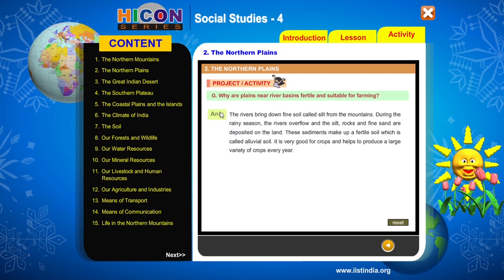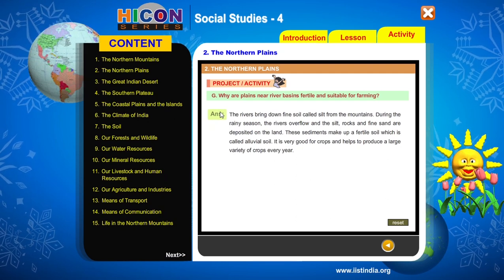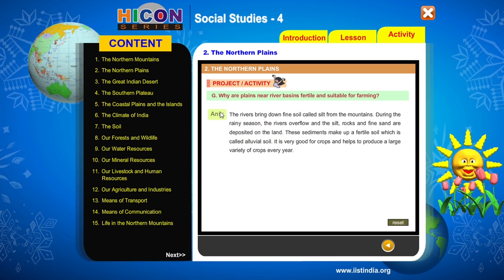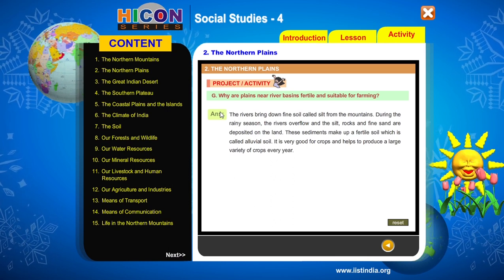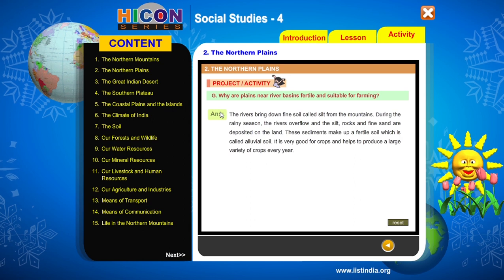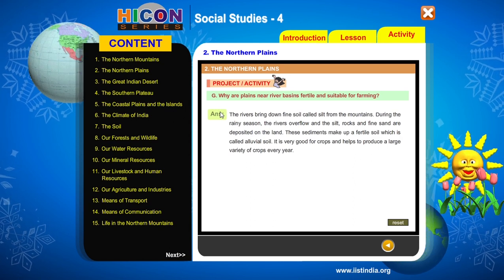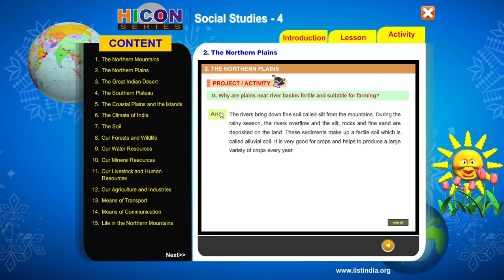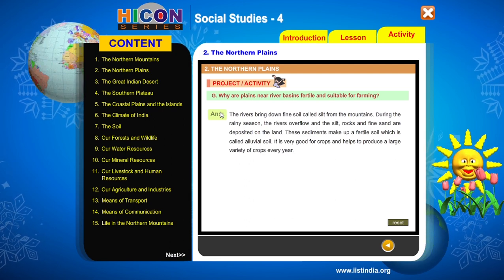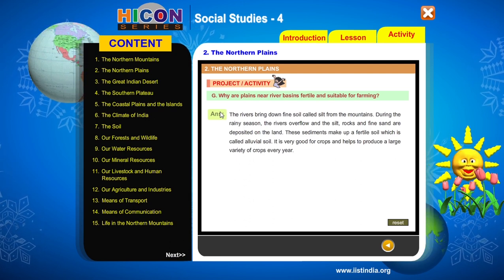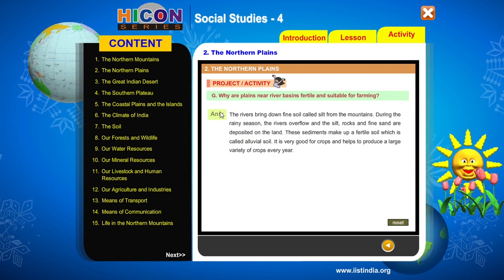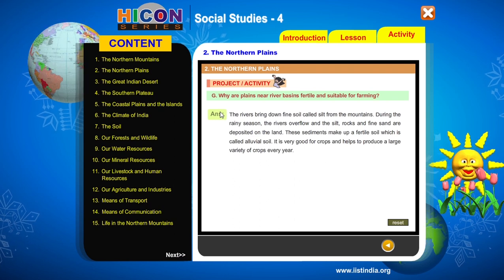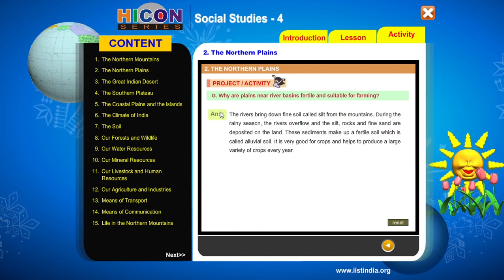So, in relation with the Himalayan rivers, we have already seen this. The rivers that come from the mountains carry a lot of waste particles, sand, silt, rock parts, and all, isn't it? And during the rainy season, these rivers flood, and all these things, the silt, the waste, the rock particles, and the sand, get along with the flooding water on the plains around the river, and they get settled there, and they form a very fertile soil.